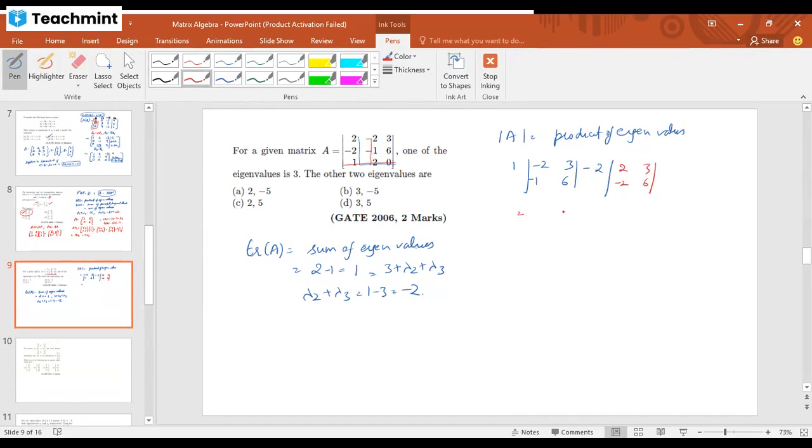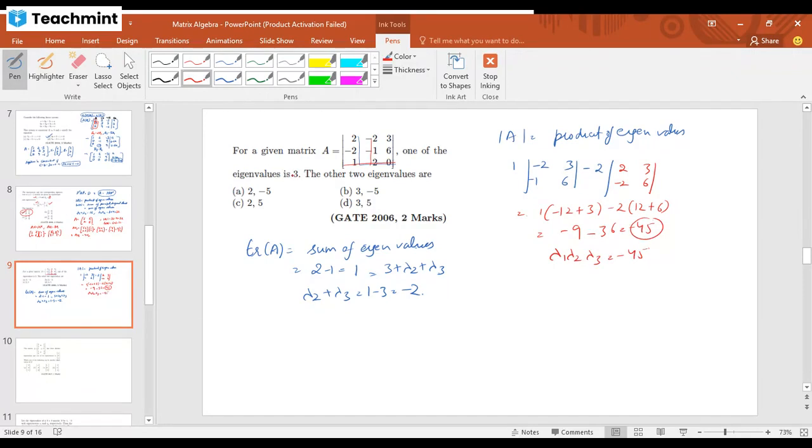So this is equal to 1 times minus 12 plus 3, minus 2 times 12 plus 6. So this is minus 9 minus 36, which is minus 45. So the product of the three eigenvalues is minus 45. That means lambda 1 lambda 2 lambda 3 is equal to minus 45.